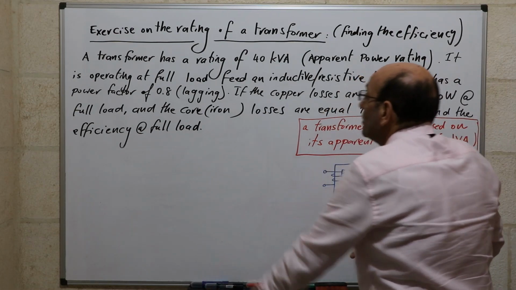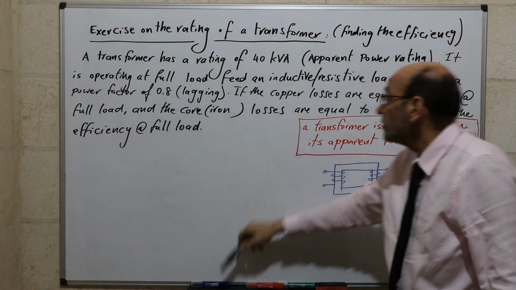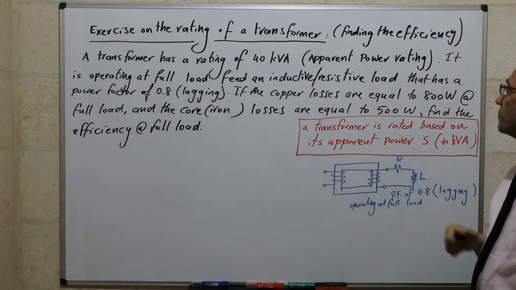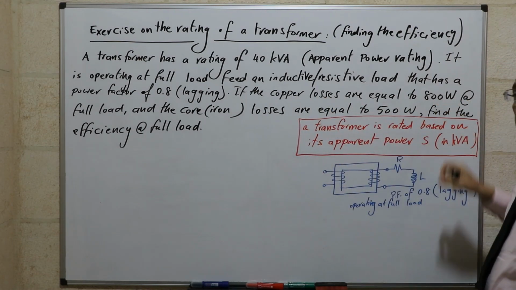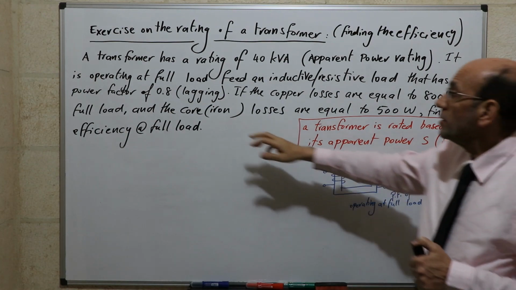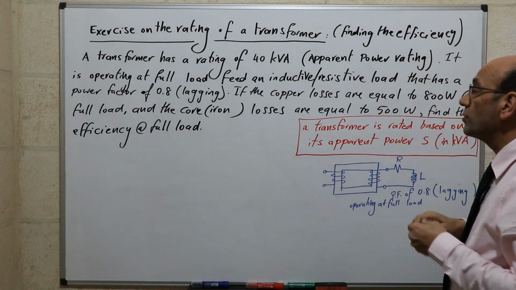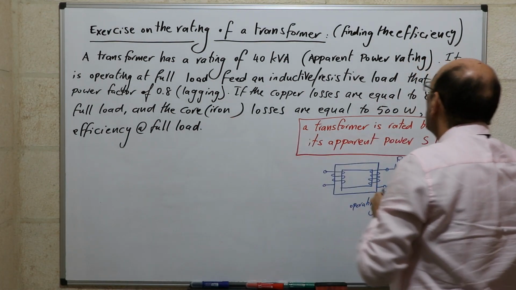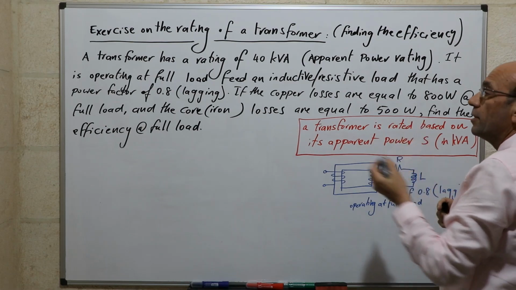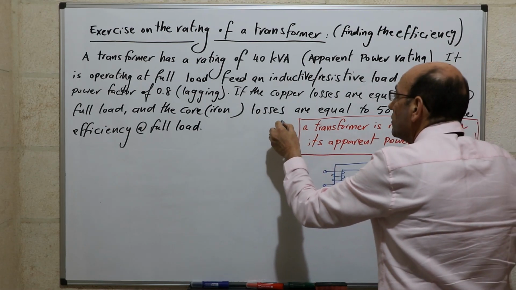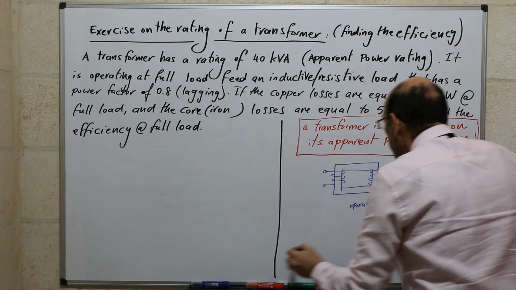During its operation, it's incurring two types of losses. So it's incurring copper losses to the value of 800 watts at full load, and it's incurring core losses, also known as iron losses, at a value of 500 watts. We need to calculate the efficiency of the transformer at full load.